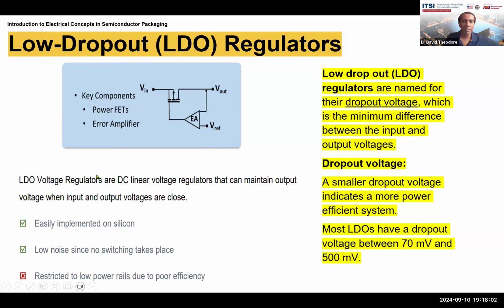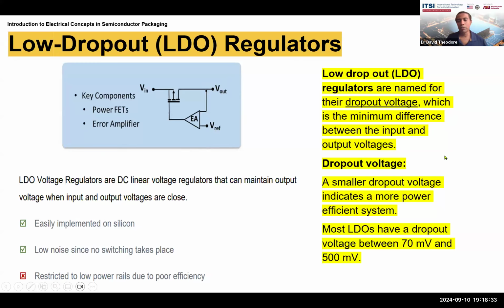So these LDO voltage regulators are DC linear voltage regulators that maintain the output voltage when the input and the output voltages are close. They maintain this by comparing the difference between the voltage output and the voltage reference. This is easily implemented in silicon, has low noise because there's no switching actually taking place, but it's restricted to low power rails due to poor efficiency.